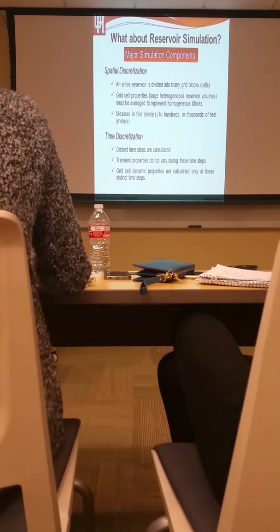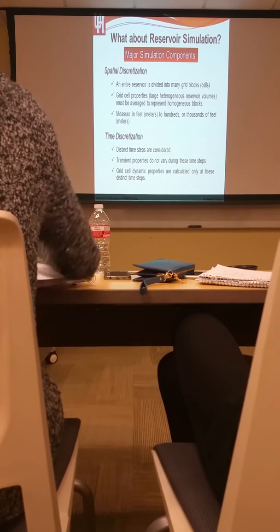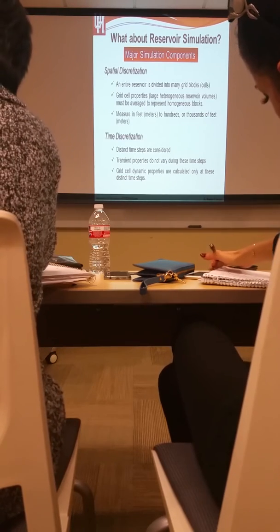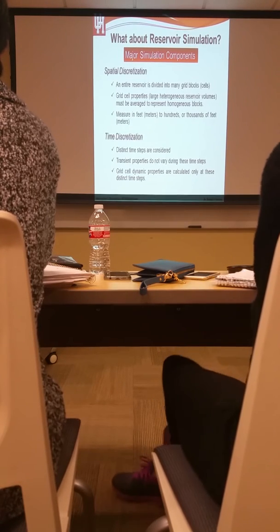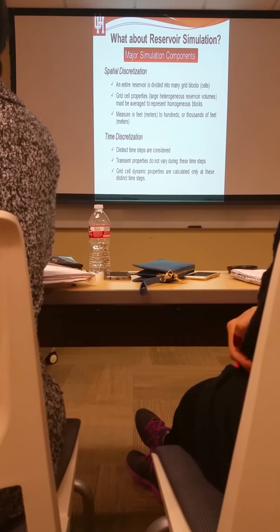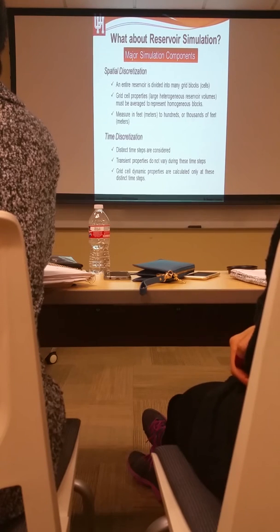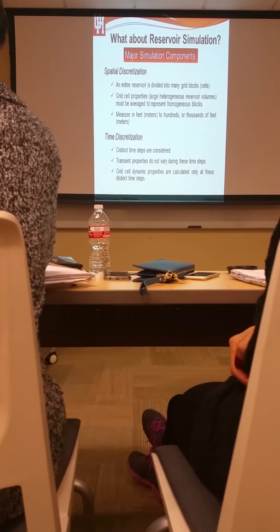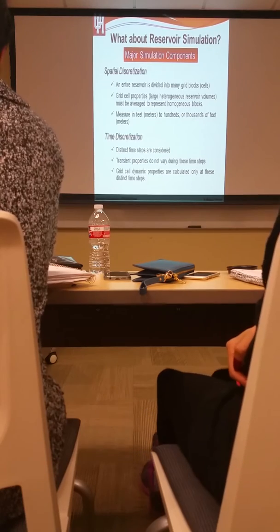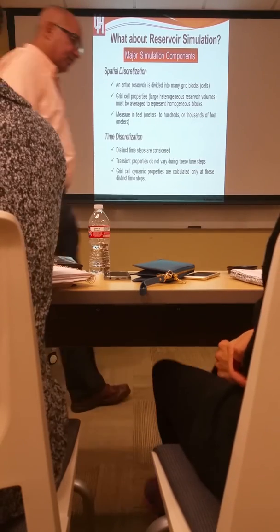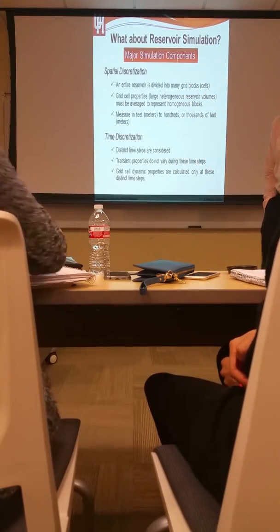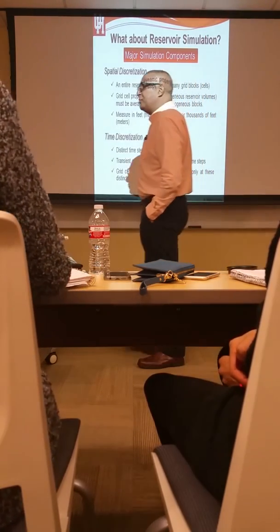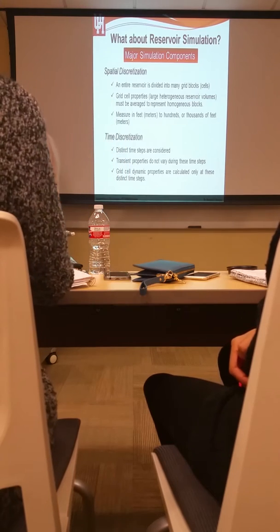Based on the physics that we are analyzing, we represent the physics, well understood, in terms of mathematical equations. Most of these equations cannot be solved from the analytical point of view, and because of that, we need to use numerical methods. Numerical methods need to discretize the domain, the space domain and the time domain.